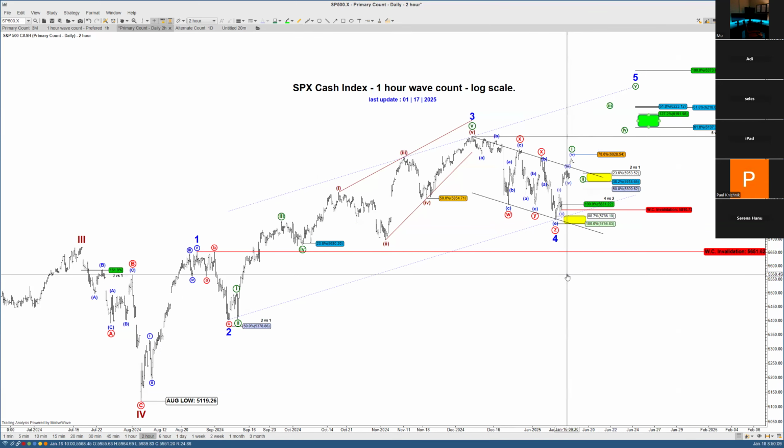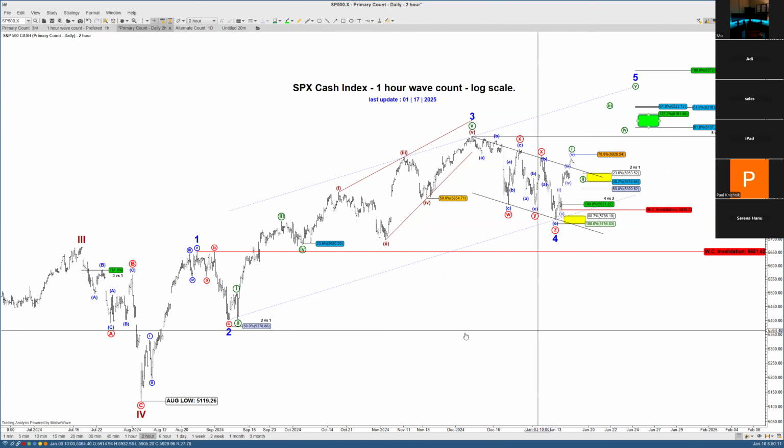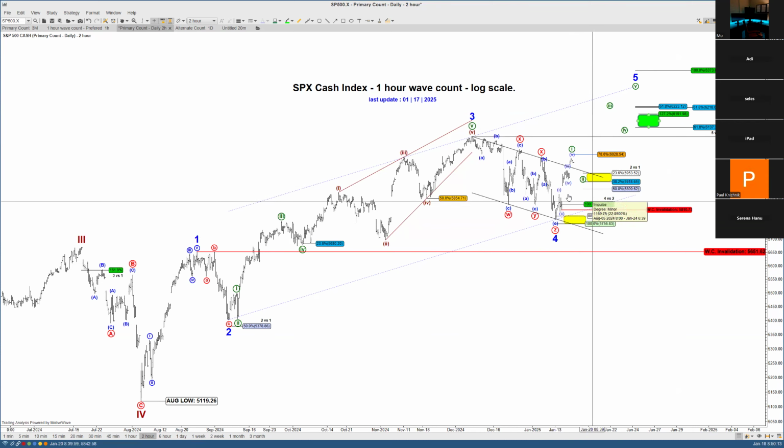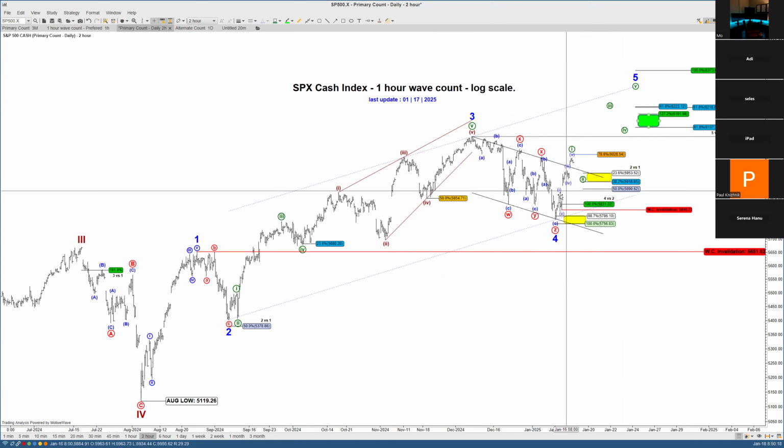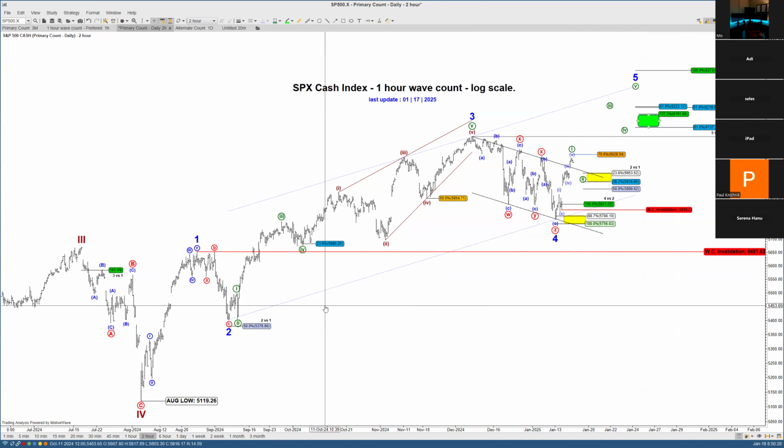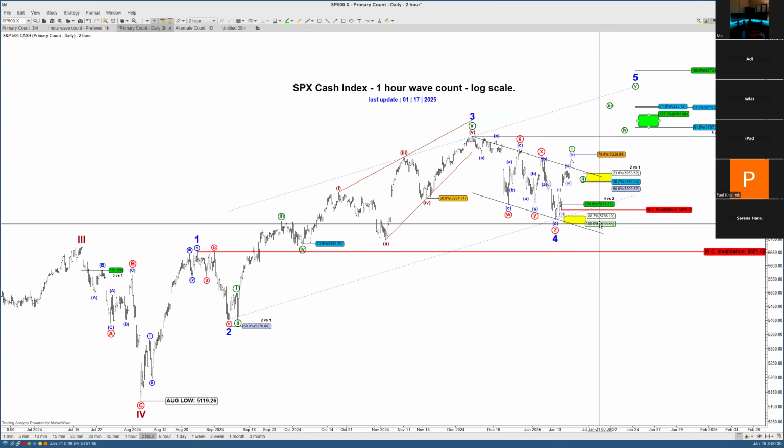It takes time for price to shape up, and then we're just going to try our best to label it in the best way possible, and make sure the wave count has the right look, which is very, very important.